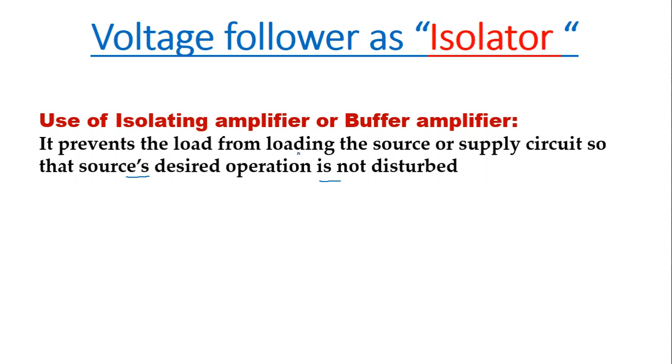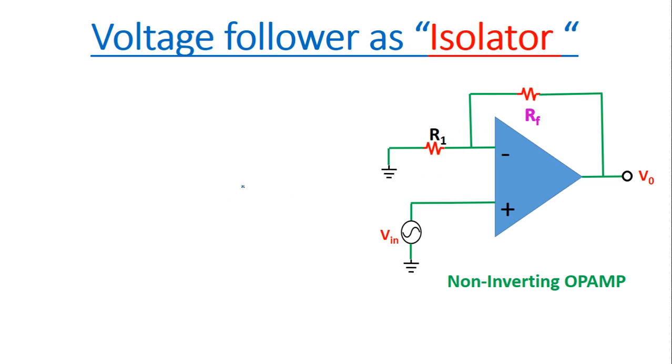If we want the desired operation of the source not to be disturbed due to the loading effect of the source or supply circuit, then we have to use the isolating or buffer amplifier, which is a voltage follower circuit, in between the power source and load.